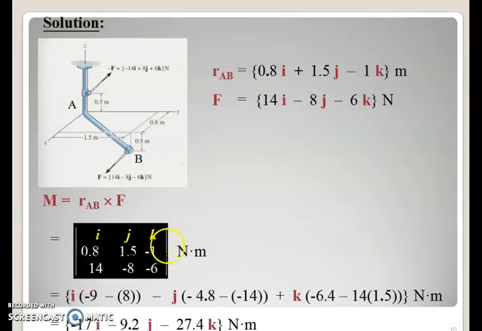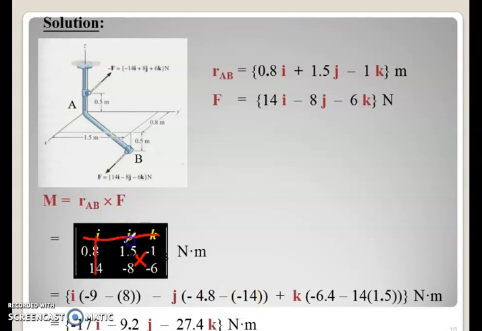I clear up all the lines here to make it clearer. So 1.5 multiplied by negative 6 gives negative 9. Negative 8 multiplied by negative 1 gives 8. Then minus. Please remember the formula for the cross product operation.